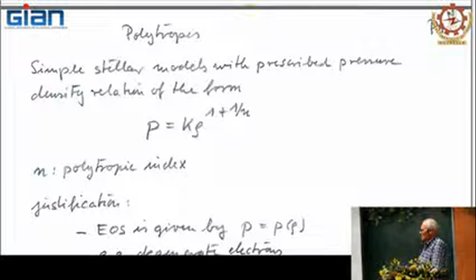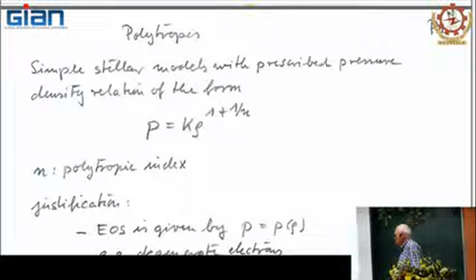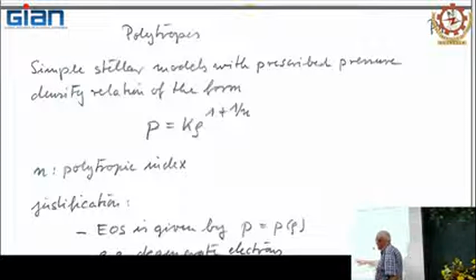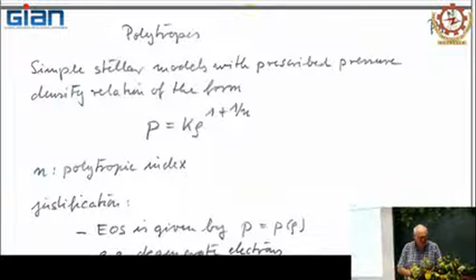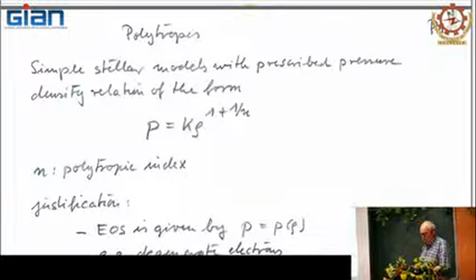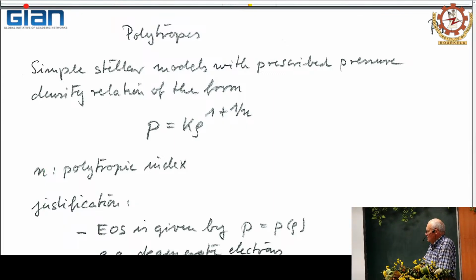So what we are doing is trying to solve the mechanical equations, meaning we solve the mass conservation and the equilibrium equation, asking for an equilibrium solution, and justify that the pressure and density are given by a relation similar to a polytropic prescription.